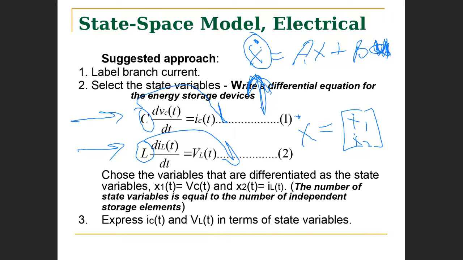So on the next slide, what you're going to see is the arrangement of the equation that will make dVC of t dt the subject, and also dIL of t dt the subject in the second equation. But in addition to that, we have to make a number of substitutions. Why?